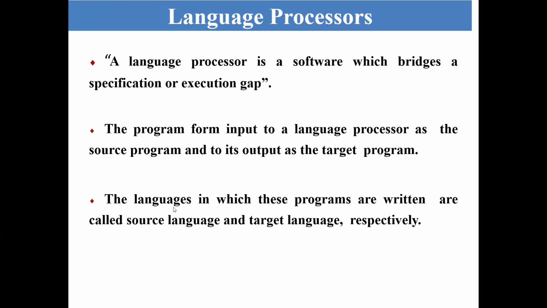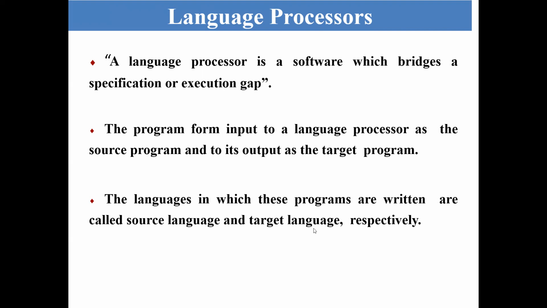The third point related to the language processor is that the languages in which these programs are written are called source language and target language respectively. Source language is related to your source code and target language is related to your target code.